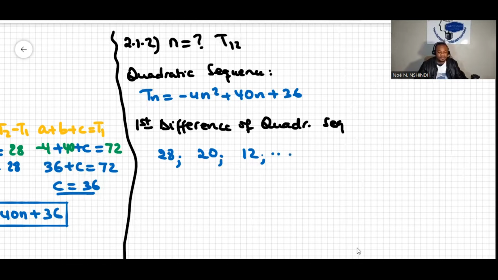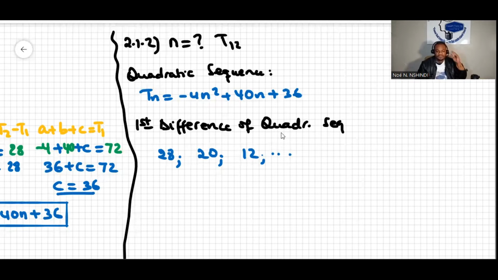Now, the question says that the 12th term of the first difference is equal to one of the terms in the quadratic sequence. Now let's find the term.